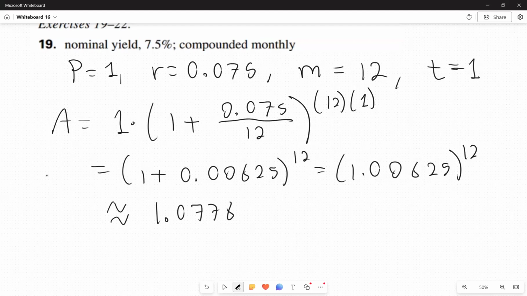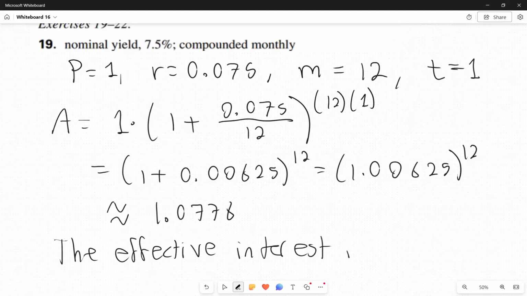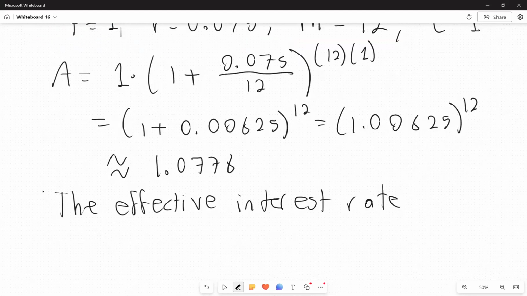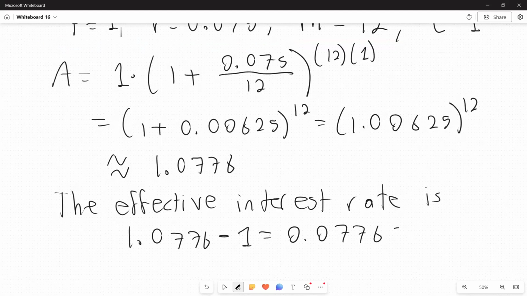So the effective interest rate is going to be that amount minus 1. The effective interest rate is 1.0776 minus 1, or 7.76%.